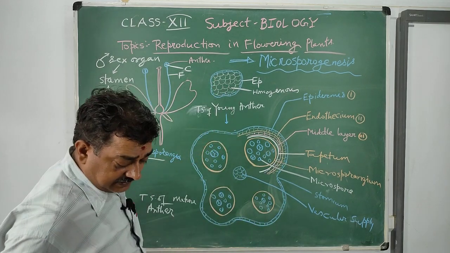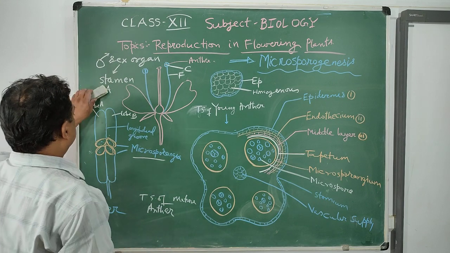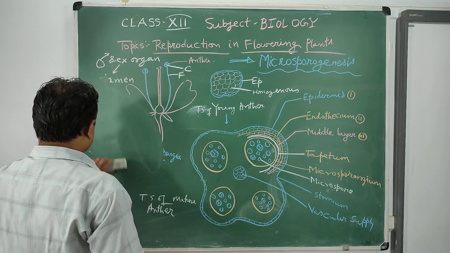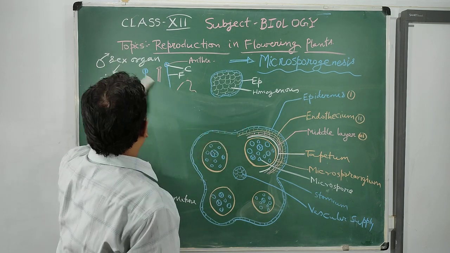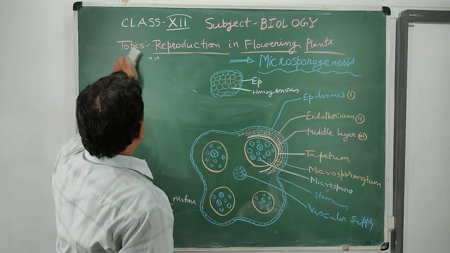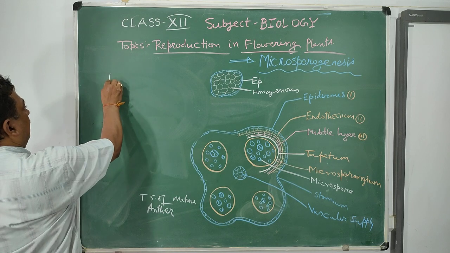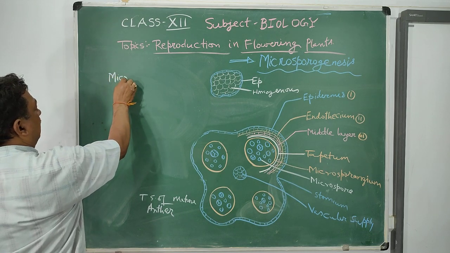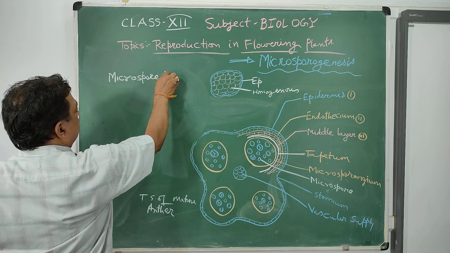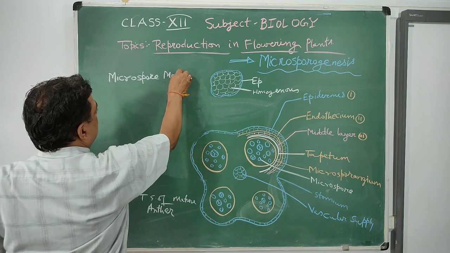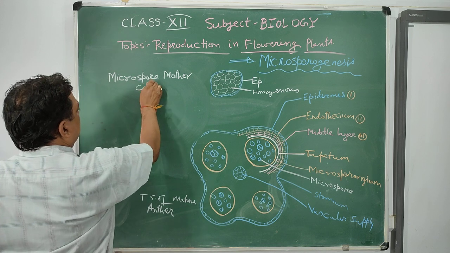Microspore mother cells. What is the ploidy of the microspore mother cell? Ploidy of microspore mother cell is 2n.